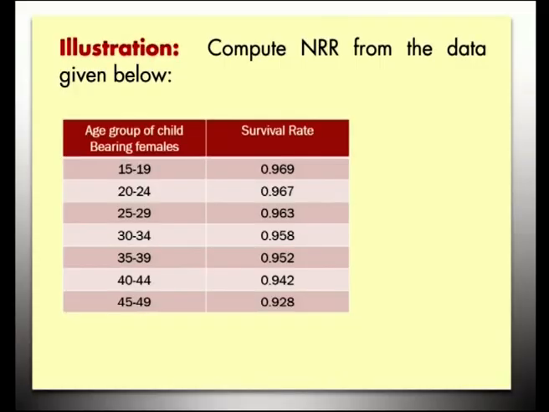In continuation of the measurement of fertility, one example will be done: compute the net reproduction rate from the data given below. The age group of child-bearing females and their survival rates are given. The age group of females who were capable of giving birth is 15 to 19, and their survival rate is 0.969.